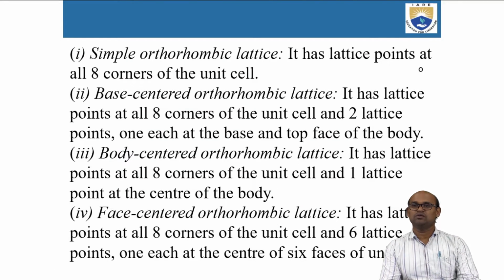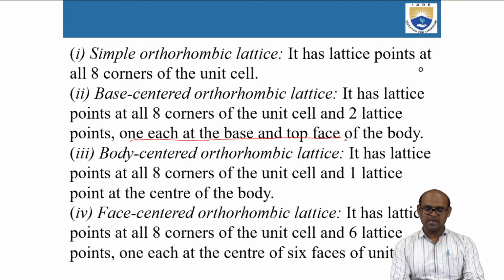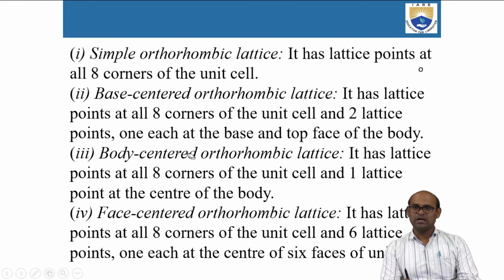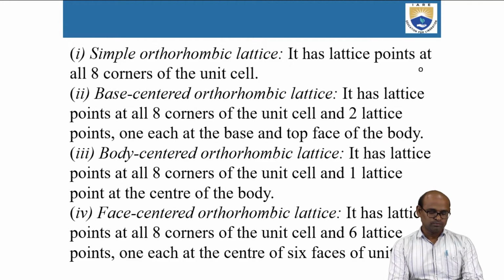So in the base-centered orthorhombic lattice, you have 8 lattice points at 8 corners and 1 each at the base and top face of the body.